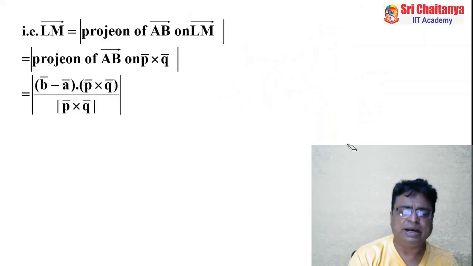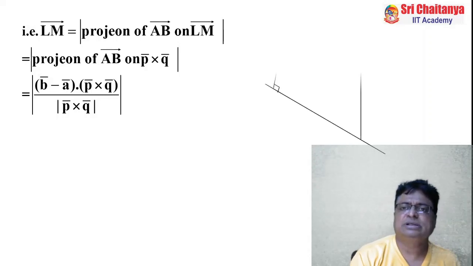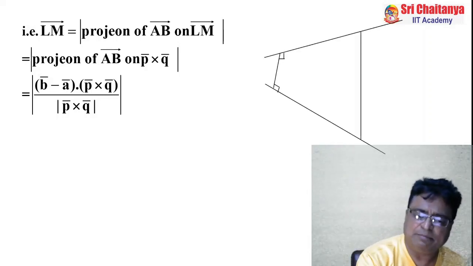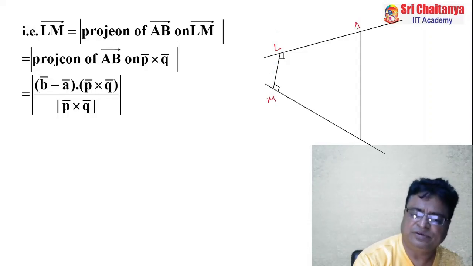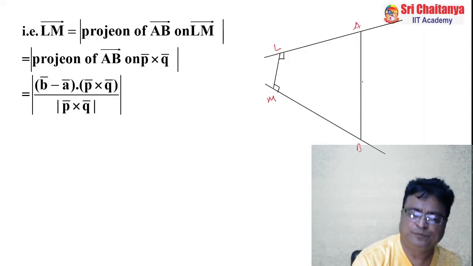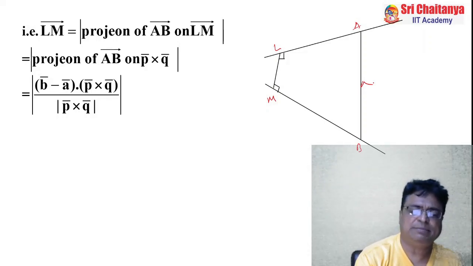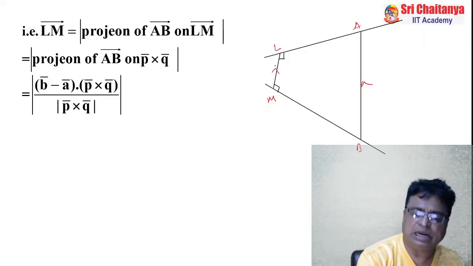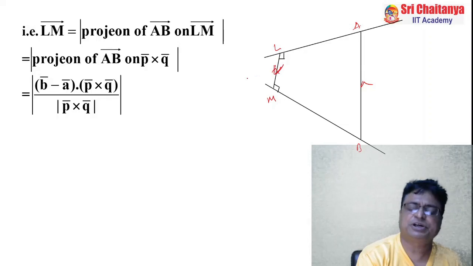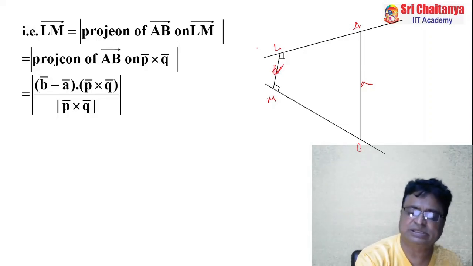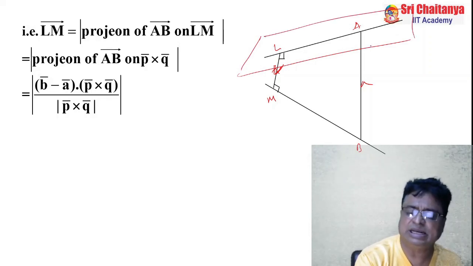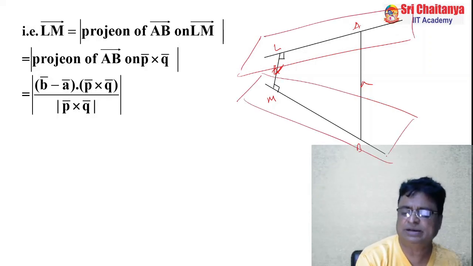Okay. And here, through this diagram, this LM, say this is AB. The projection of AB bar on LM. So LM bar is the projection of AB bar, that is, the projection of AB bar on P bar cross Q bar, because this is a skew line and this is another skew line.